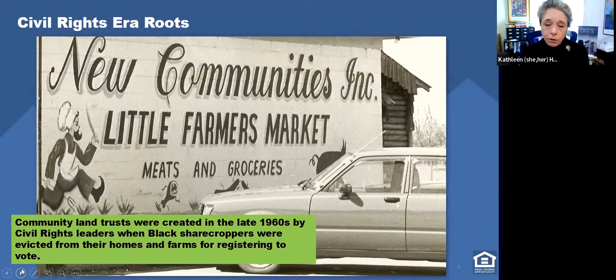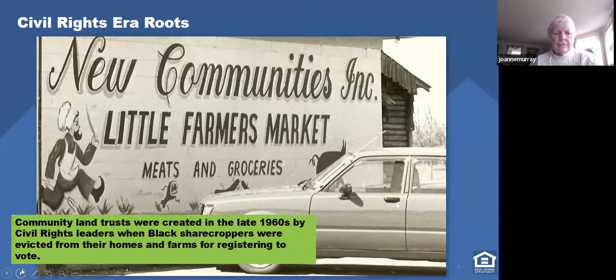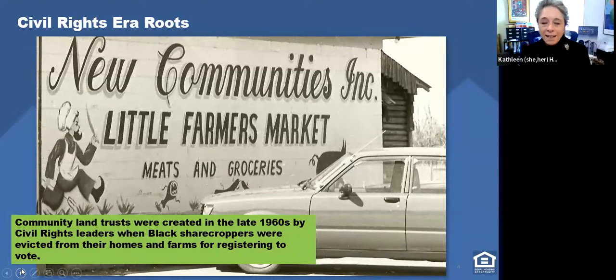And so leaders there, which included Charles and Shirley Sherrod, who you may have heard of, Representative John Lewis, who was the late John Lewis, who was there at the same time, and a cousin of Martin Luther King Jr., Slater King, had been researching a model for community land trusts, and this displacement of folks in Albany, Georgia was the triggering event that caused them to create New Communities.